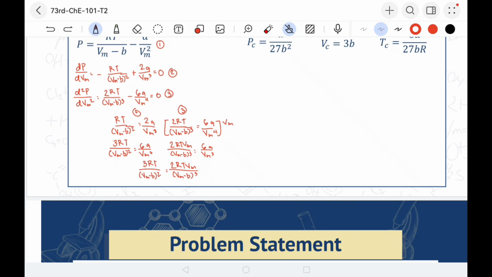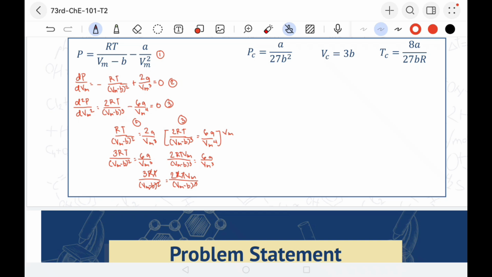So now we could cancel out R, T, and (Vm minus B) squared. We will get 3 is equal to 2Vm over (Vm minus B), and we could cross multiply to get 3Vm minus 3B is equal to 2Vm. Then transposing 2Vm to the left side and 3B to the right side, we get Vm is equal to 3B, which is our first critical constant.